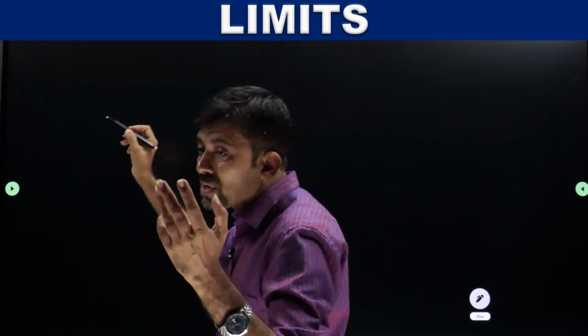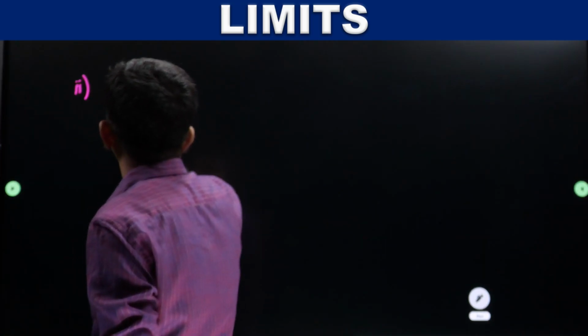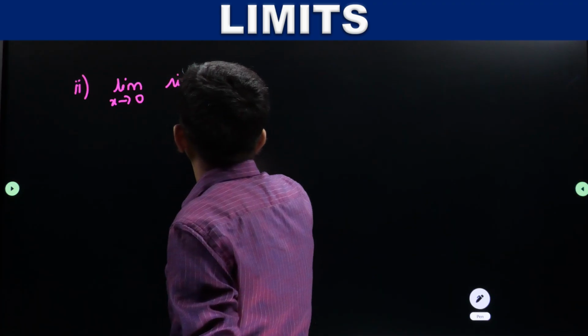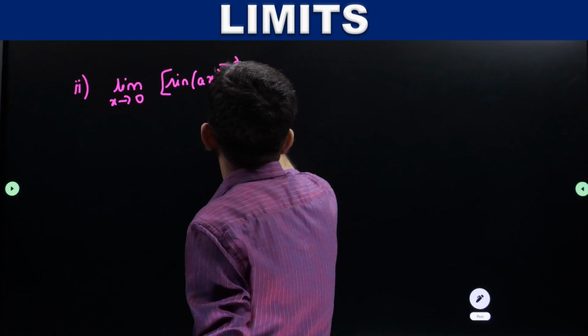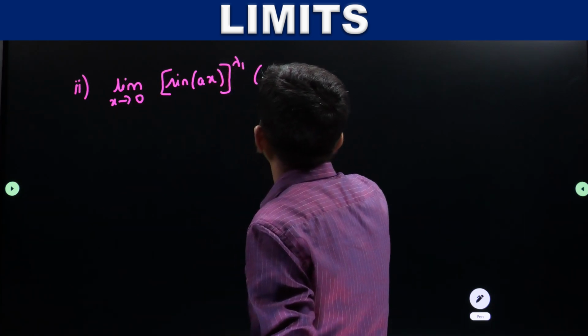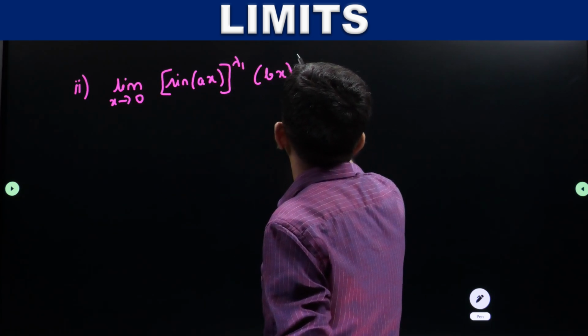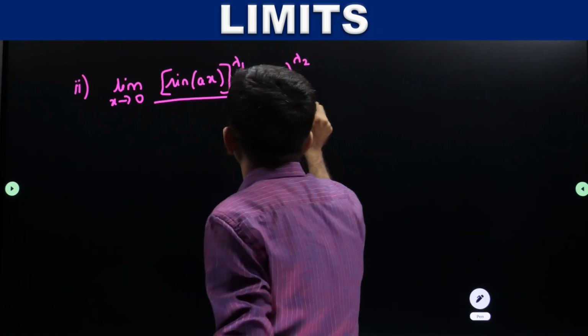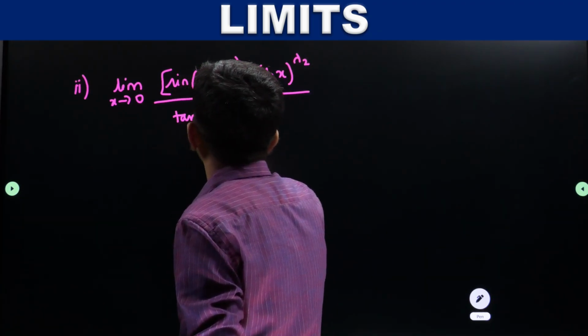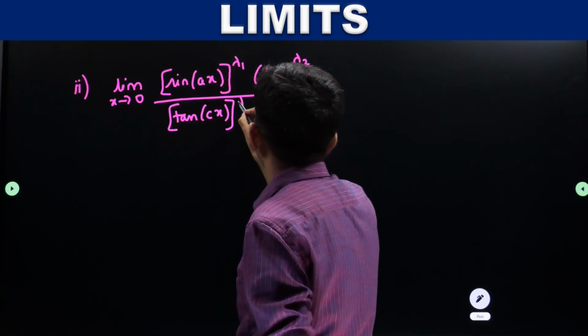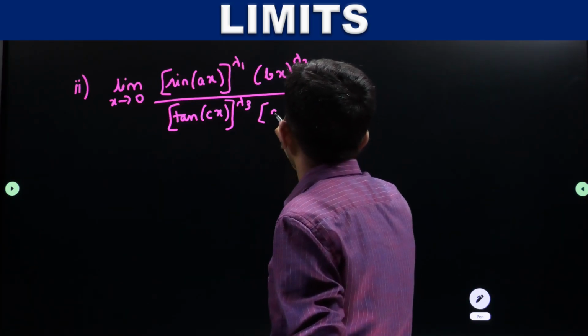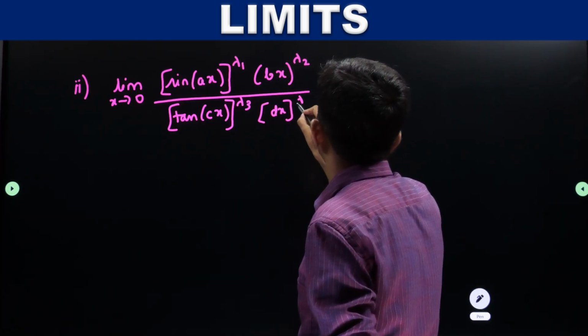Same way I can write even for sine and tan function. Only if it is sine and tan function also I can write. Limit x tends to 0. Suppose again like this: sine ax to the power lambda 1, and simply I can give sine bx to the power lambda 2, divided by tan cx to the power lambda 3 into tan dx to the power lambda 4.